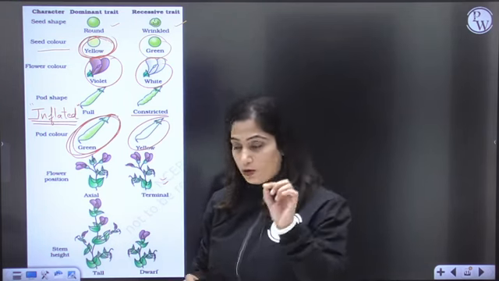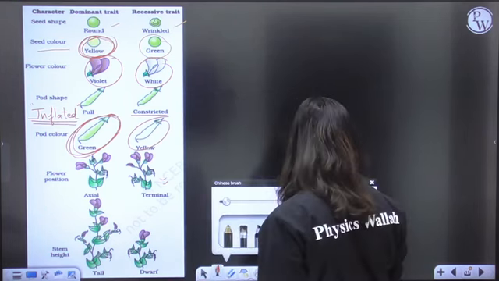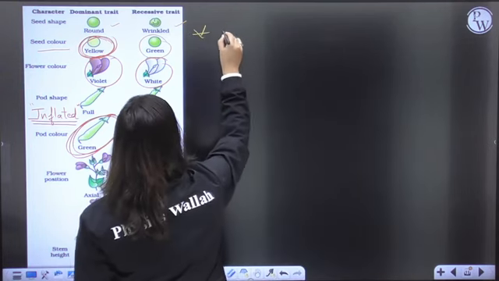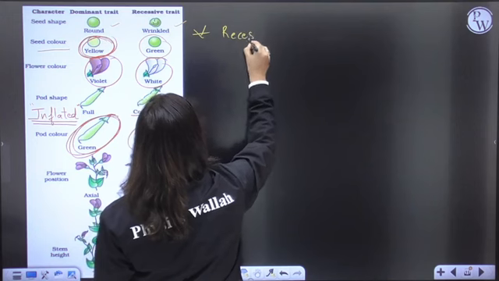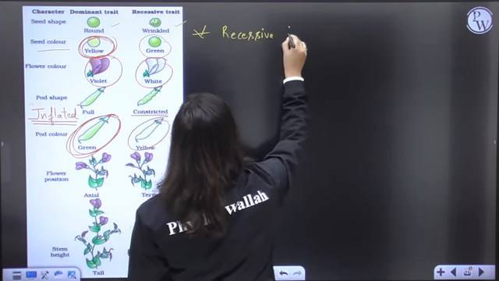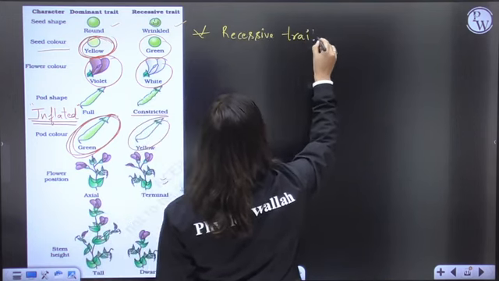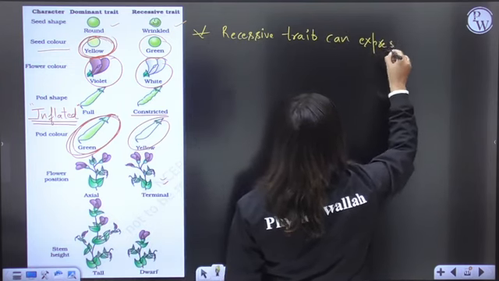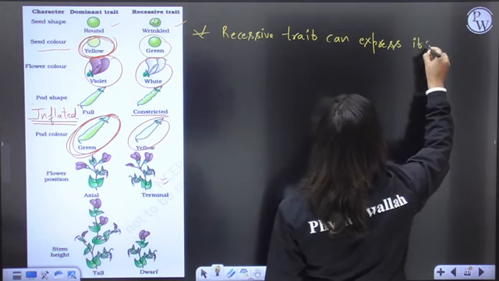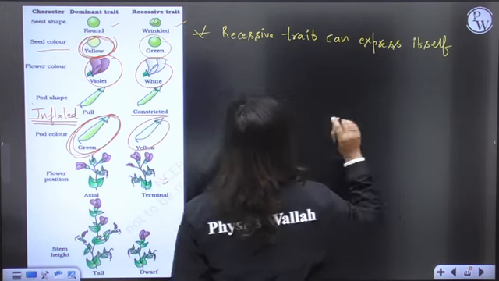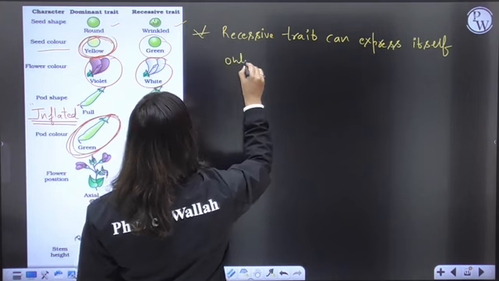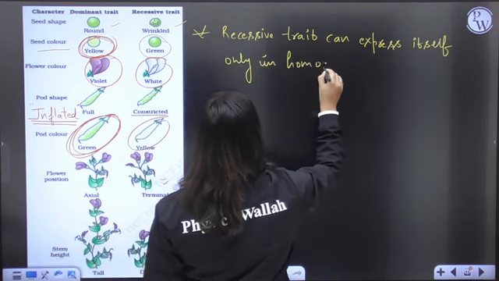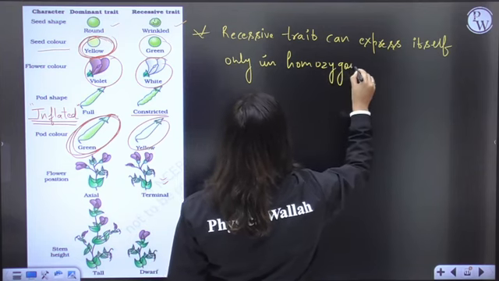Now, there is an important thing which needs to be remembered here, that is, a recessive trait can express itself only in homozygous condition. This line is important. Understand this.